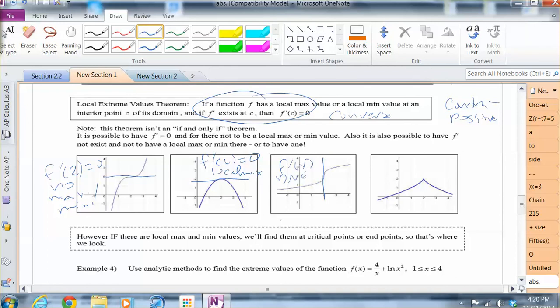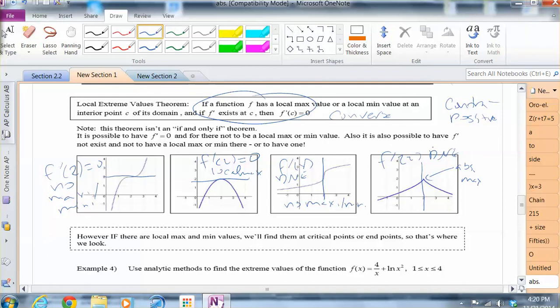But notice that we don't have any extreme values. But here we do, and that's an absolute max, and f prime of 2, again, does not exist. So we could also extend this to when the derivative does not exist. If you have an absolute max, there's a good chance that the derivative could also be undefined.